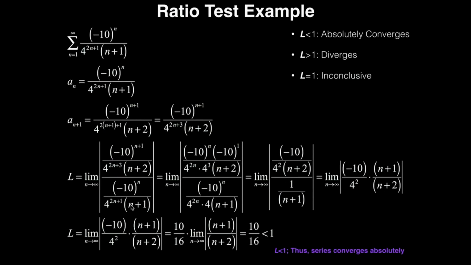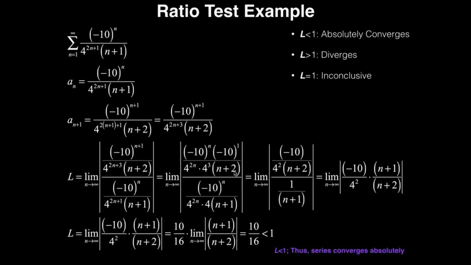All right? Now, I pretty much just need to simplify this. And the main thing to first simplify is really the numerator. This is the main part. I can break up this negative 10 to the n plus 1 as negative 10 to the n times negative 10 to the 1, or the first power. And then the 4 to the 2n plus 3, I can break that up also: 4 to the 2n times 4 to the third, and then n plus 2.